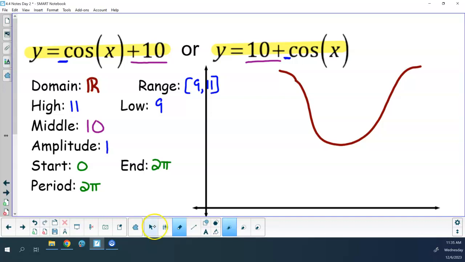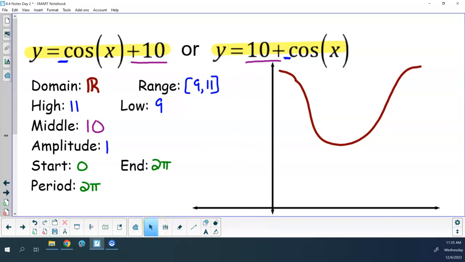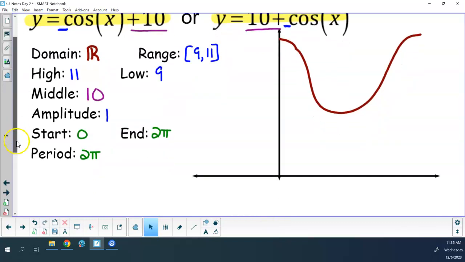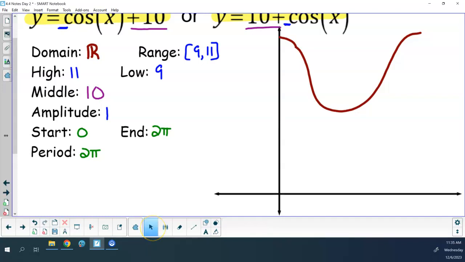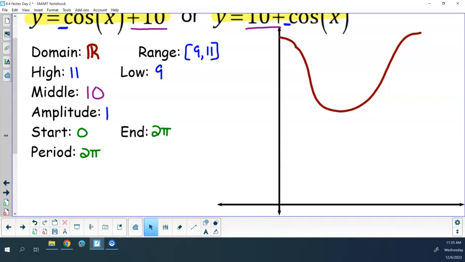Okay? And then I'm going to adjust my axes. Okay? So after I draw, I almost said after I install, but after I draw the function, then I can put in my axes.